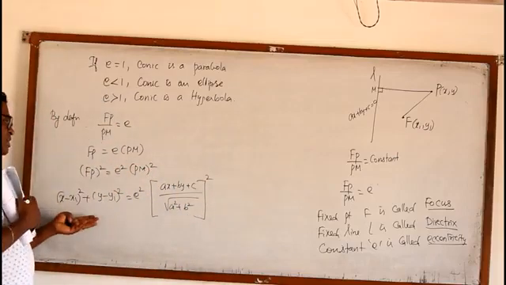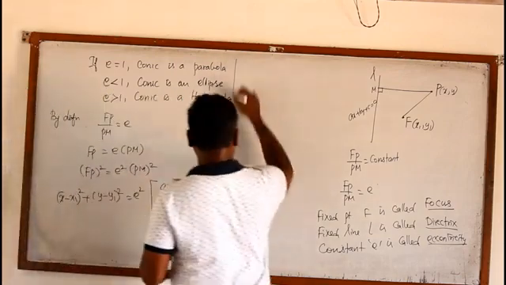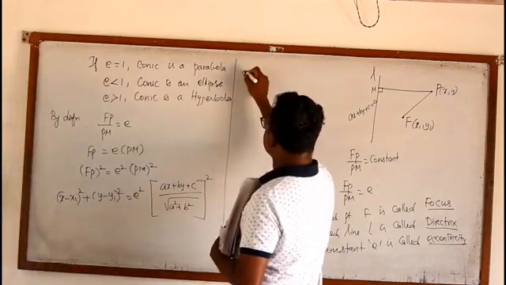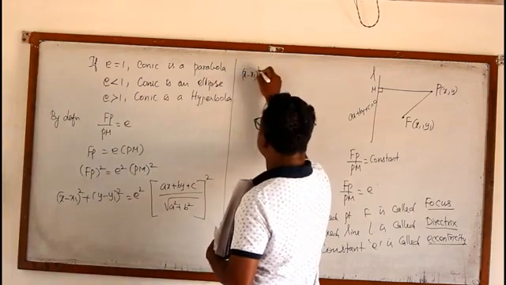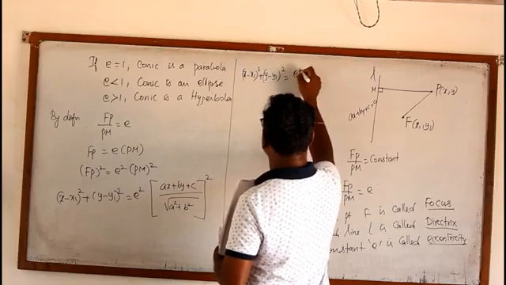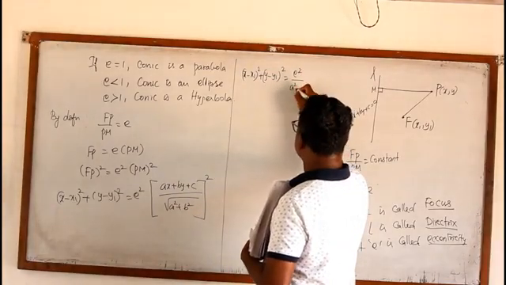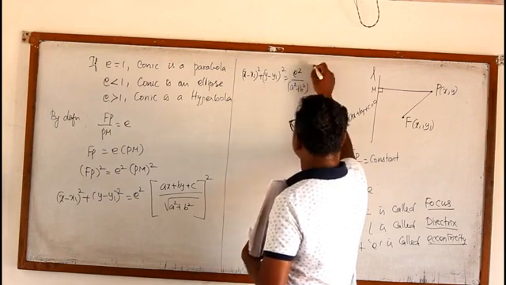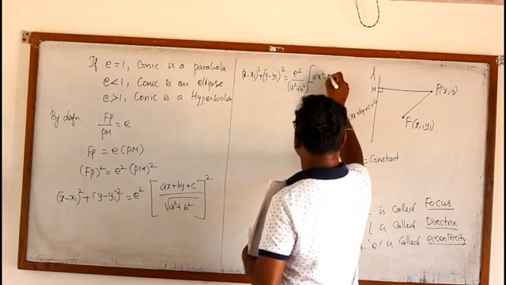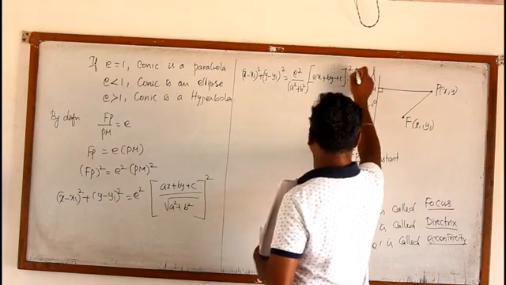So this is one expansion and this is another. Let me write it as (x minus x1) whole squared plus (y minus y1) whole squared equals e squared by (a squared plus b squared), into (ax plus by plus c) whole squared, as the square root cancels.